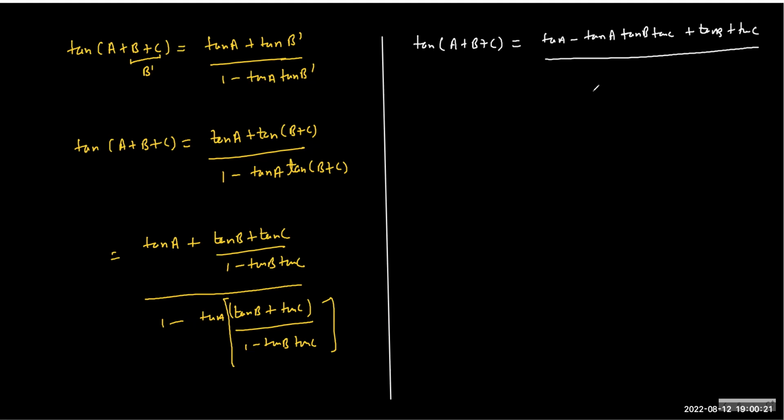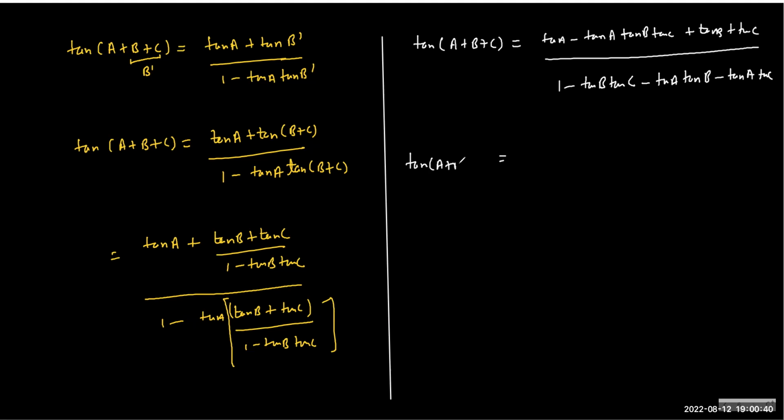But anyway, I know the LCM will cancel out, so I can write as 1 minus tan B tan C minus tan A tan B minus tan A tan C, which you can write as, you can see this is really interesting.